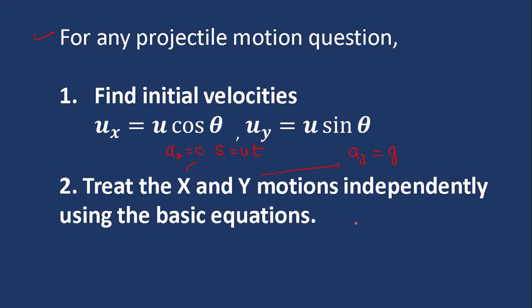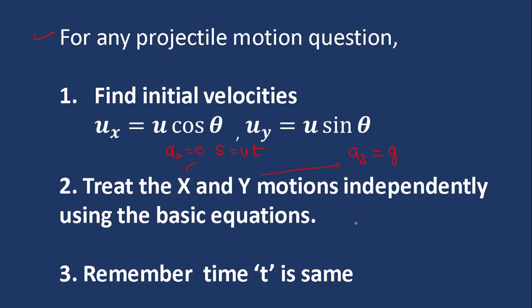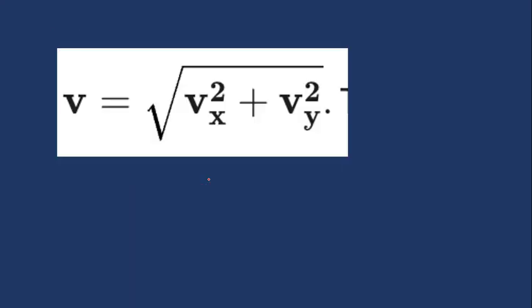And you will be able to solve any questions on projectile motion. And of course, remember that time t for both x and y direction is the same. If you want to find out the final velocity, you could use this equation, and the final angle that the projectile makes could be found using this formula.